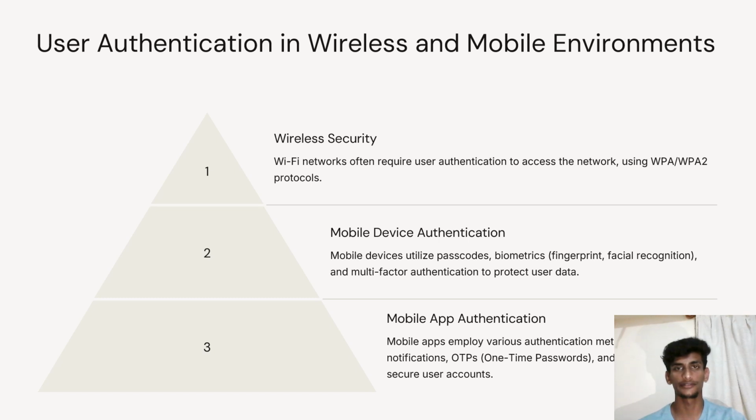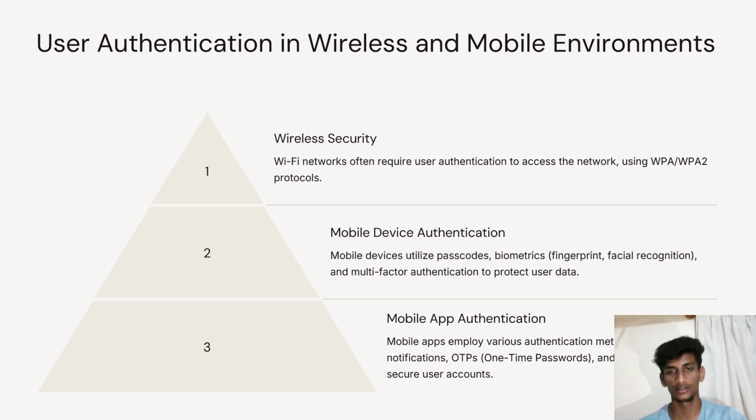User authentication in wireless and mobile environments. Wireless security: Wi-Fi networks often require user authentication to access the network using WPA and WPA2 protocols. Mobile device authentication: mobile devices utilize passcodes, biometrics, fingerprints, facial recognition, and multi-factor authentication to protect user data.